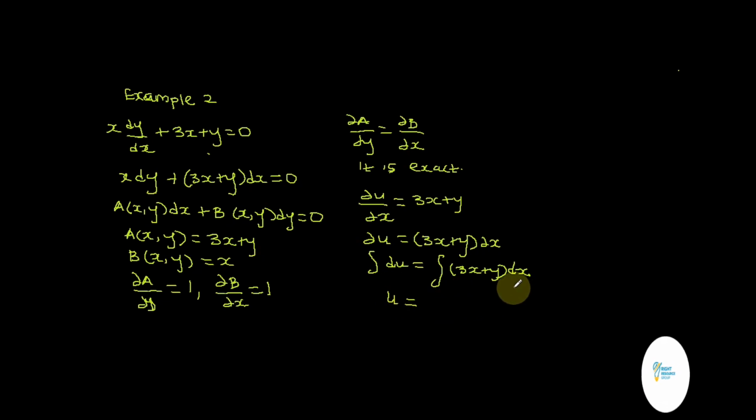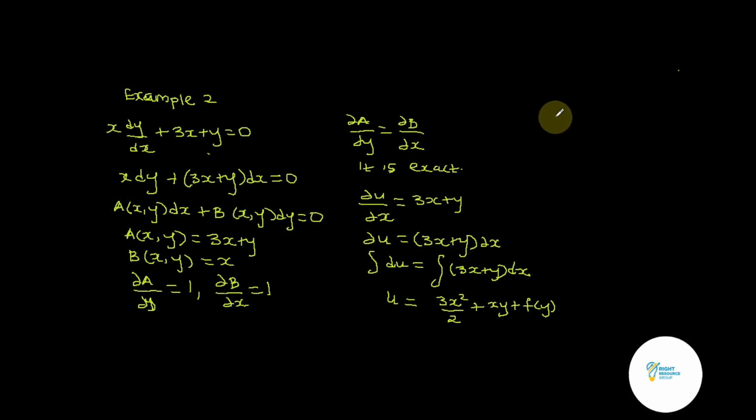When we do that, we have u equals 3x squared over 2 plus xy plus our constant. Let me still use my f of y.